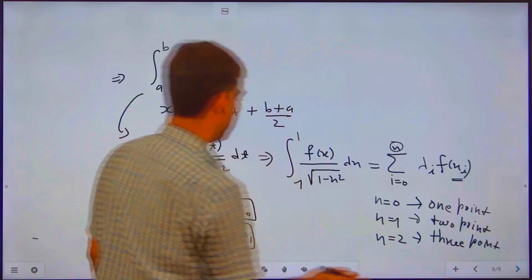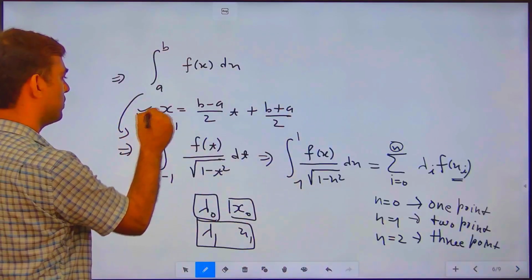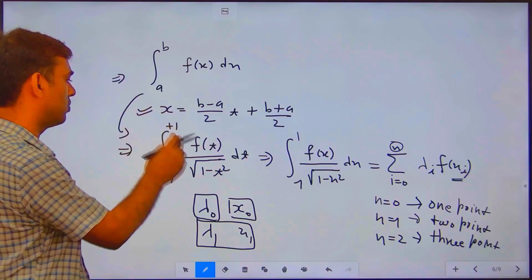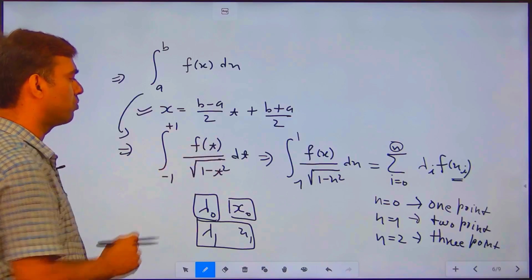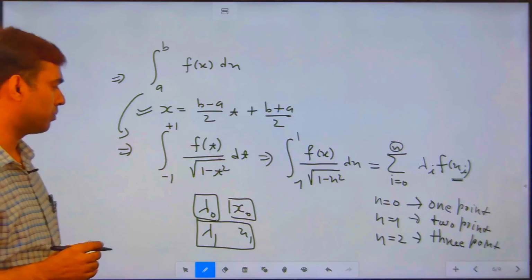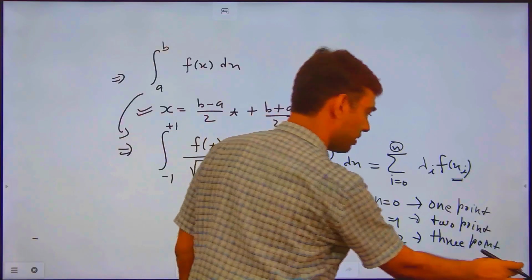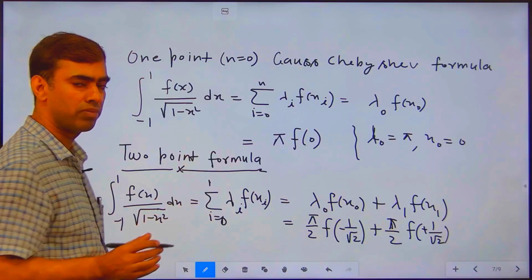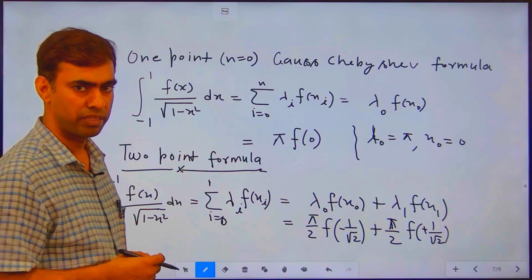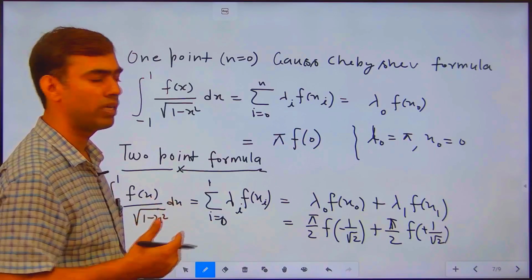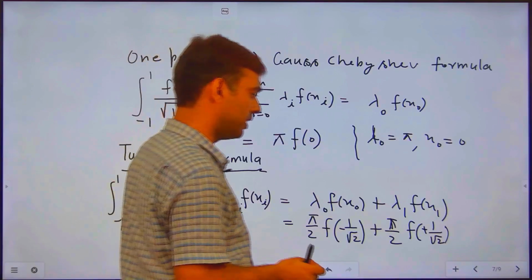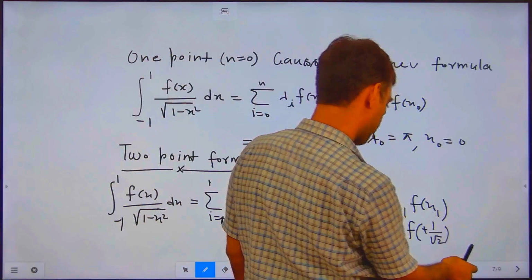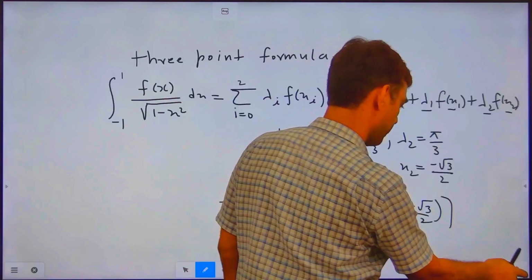By using a transformation, we are able to convert the given integration into this form. Once we convert, then we apply the 1 point, 2 point, or 3 point formula as per the requirement of the problem. Then we are able to find the value of the integration.